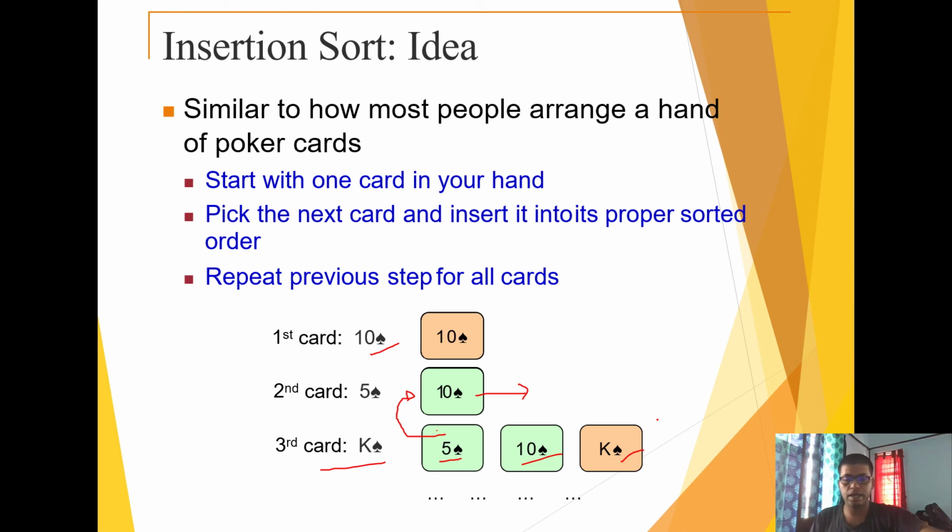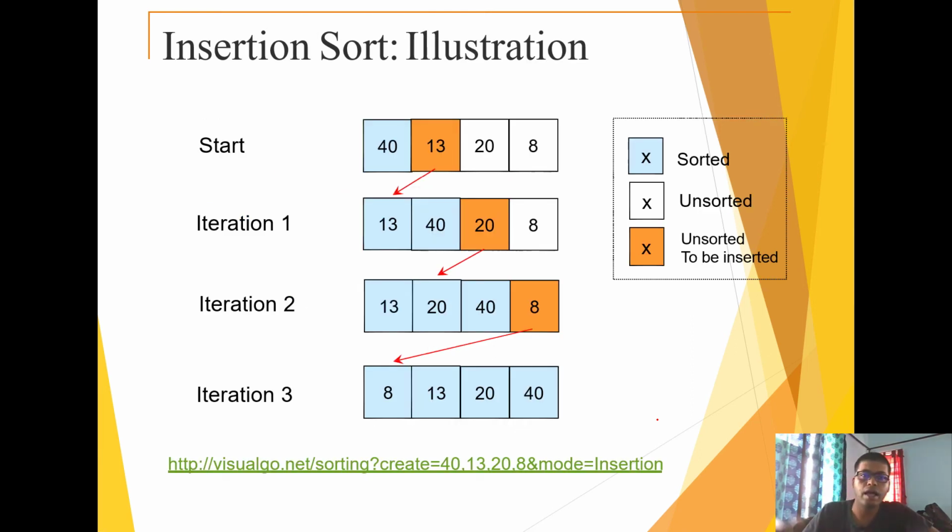So we pick one data item and insert it into the proper position of the array. Let's come to the example. Start with 14 and 13. We compare 14 and 13; 13 is less than 14, so we place 13 just before 14.